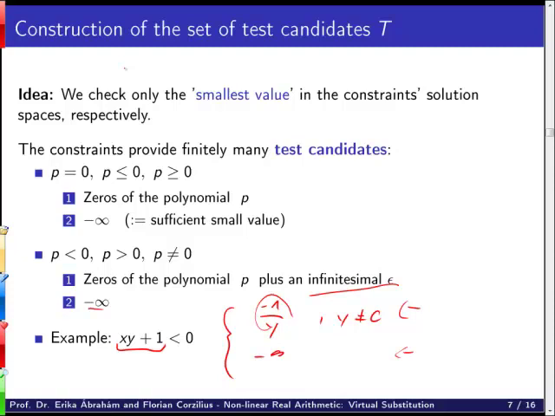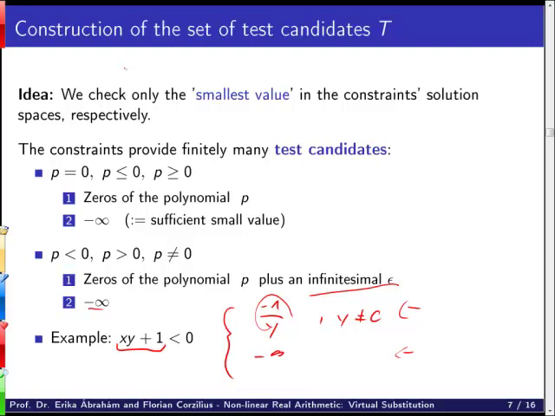So you see here we have weak relations or equal. Here we could take directly the 0 of the polynomial as test candidate. So of course it would fulfill this constraint itself. And minus infinity, which means actually just a very small number. It is representative for a very small number.